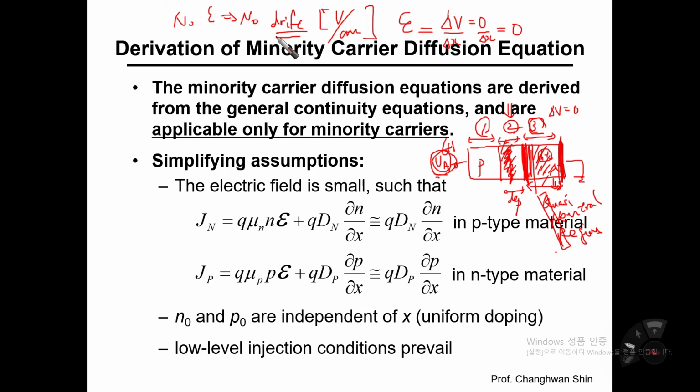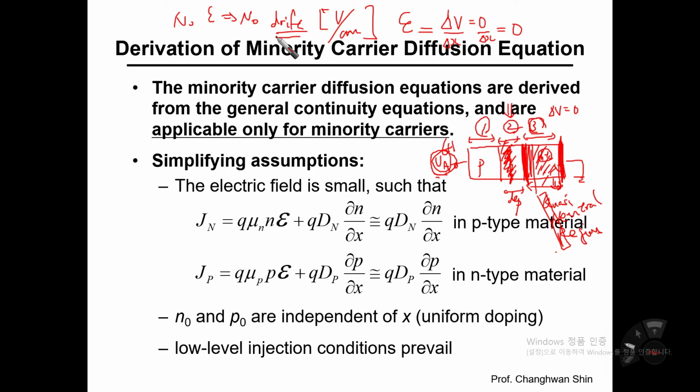What was the definition of drift? Under a given electric field, charged particles are accelerated by the electrostatic force from the field. Force F is equal to minus Q times electric field E. But now E is zero, so force is zero. No force means no acceleration, so no drift can happen.